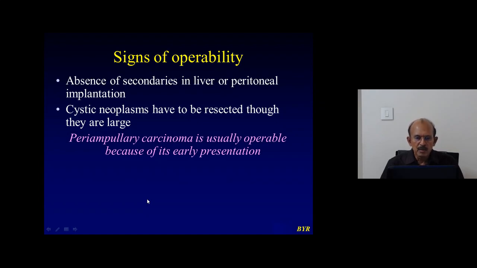So signs of operability means you have to evaluate on CT scan and endoscopic ultrasonography itself whether there is any local infiltration into the neighboring organs, whether there is any infiltration into the portal vein or superior mesenteric vein. Then check for the lymph nodes draining the pancreas. Then check for secondaries in the liver and over the peritoneum and in the Douglas pouch.